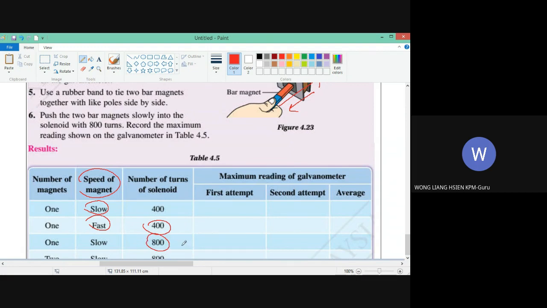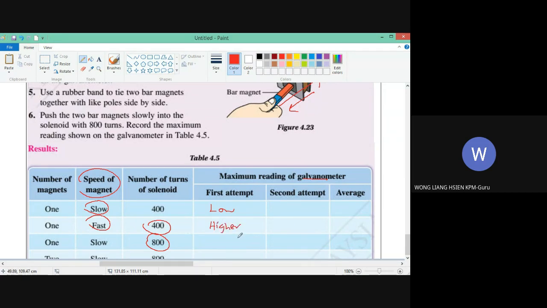The result will be, if we move the magnet slowly, then the reading of the galvanometer will be low. When you move fast, then it will be higher.